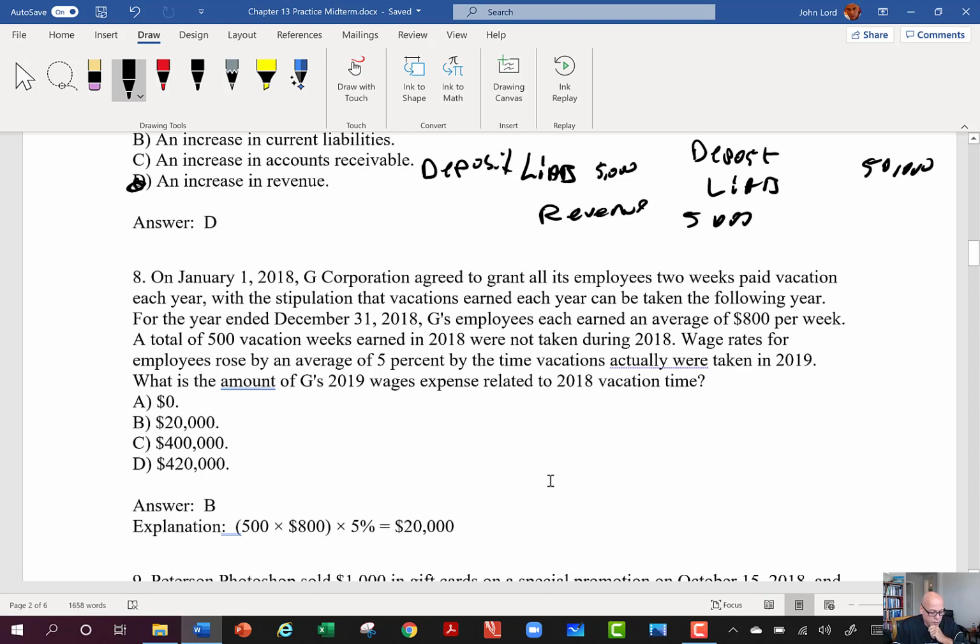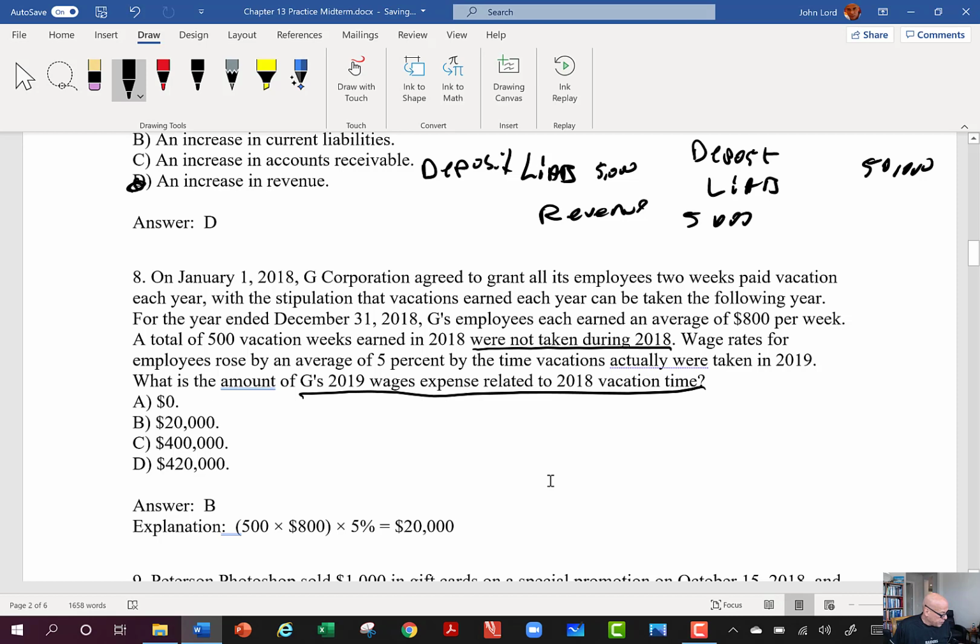A total of 500 vacation weeks were earned in 2018 and were not taken during 2018. Well, thanks for telling me that, but it just said they can't take it till the next year, but fine. Wage rates for employees rose an average of 5% by the time vacation actually was taken in 2019. What is the 2019 wage expense?